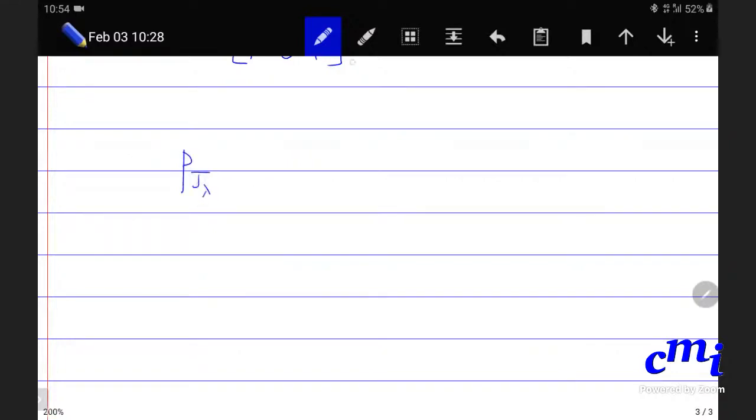Okay, so let us write down the characteristic polynomial of a Jordan block. Maybe I should just call it A. So let A be a d by d Jordan block with eigenvalue lambda.